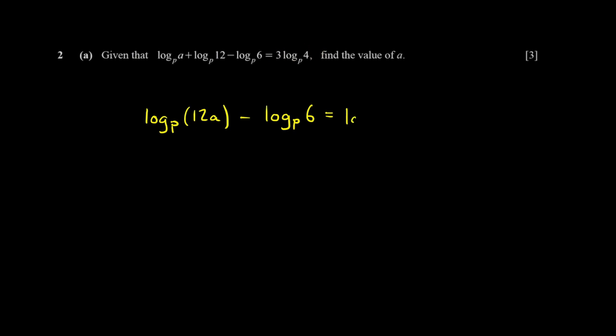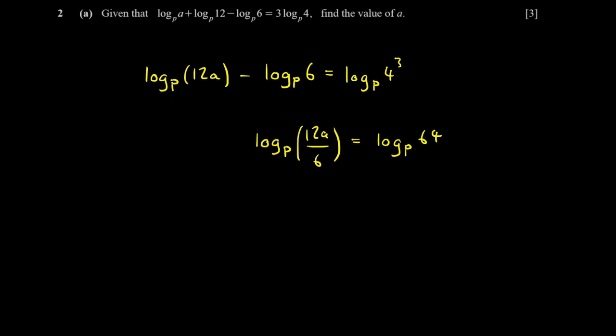I'm going to write log base P of 4 to the power of 3. Then I can use the second log rule, because I've got log A minus log B, so that's log A over B. So I've got here log base P of 12A over 6 is equal to log base P of 4 to the power of 3, which is 64.